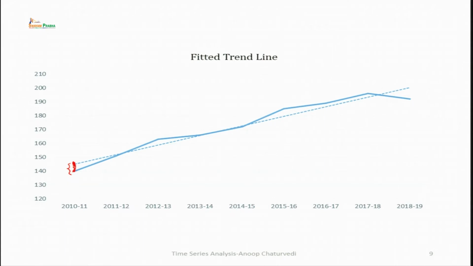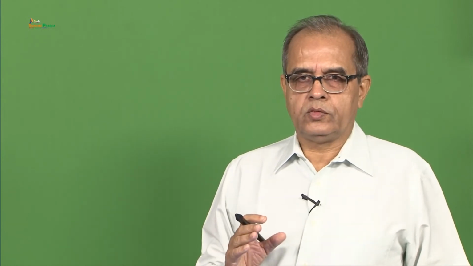Again, the reason for taking the distances parallel to the y axis is that you are mainly interested in predicting the trend values corresponding to y's, the time series.